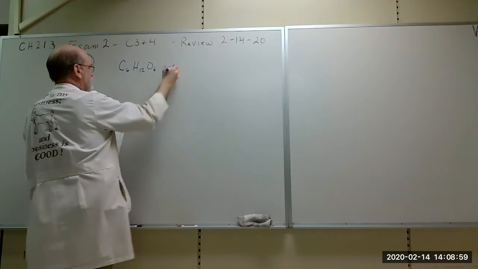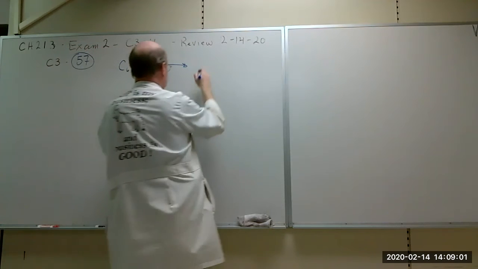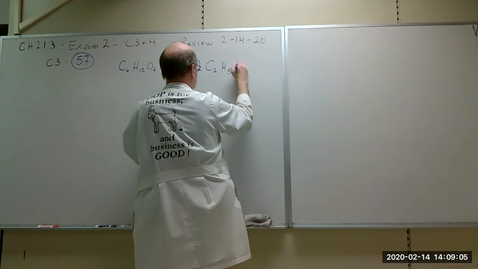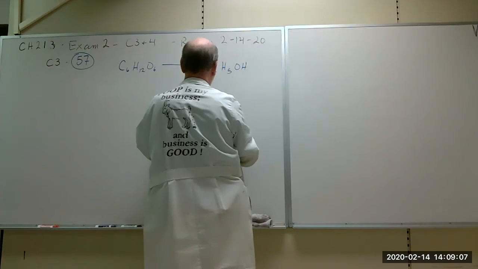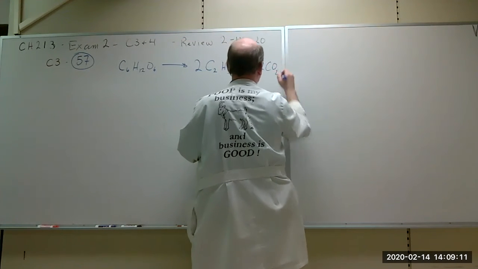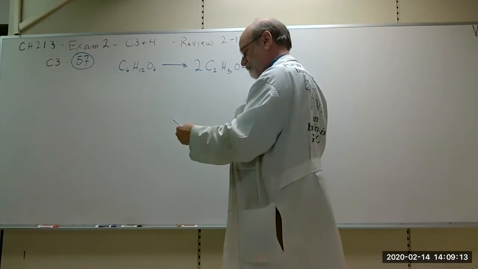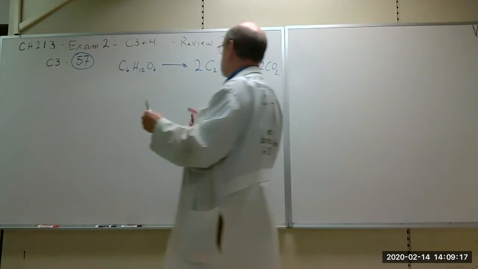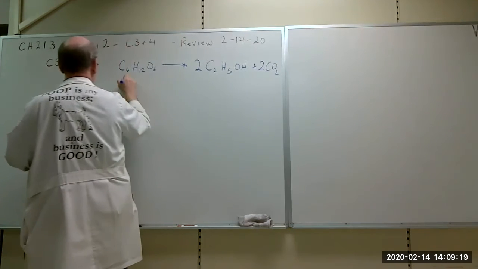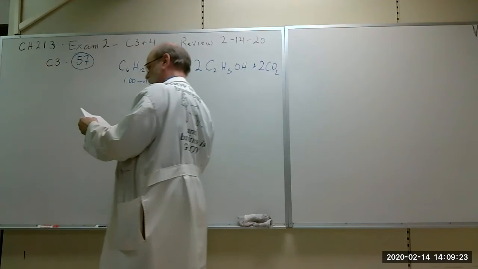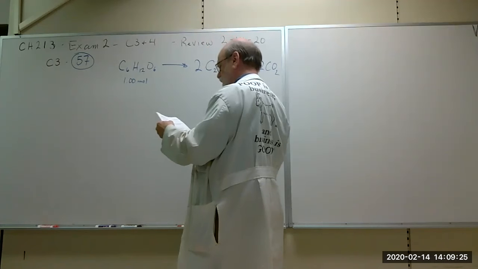C6H12O6 is glucose, and the fermentation gives you 2 ethanol and 2 CO2, carbon dioxide. Okay, so a 1 mole sample of this was placed in a vat with 100 grams of yeast.